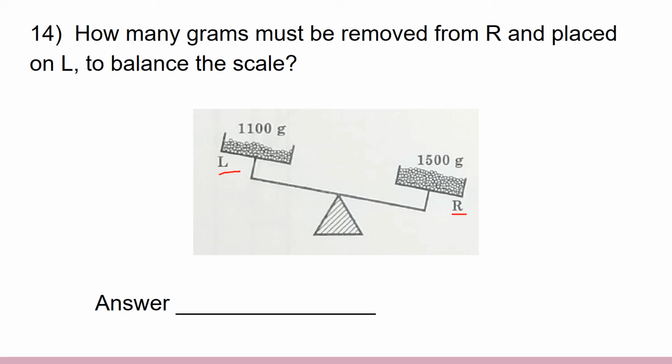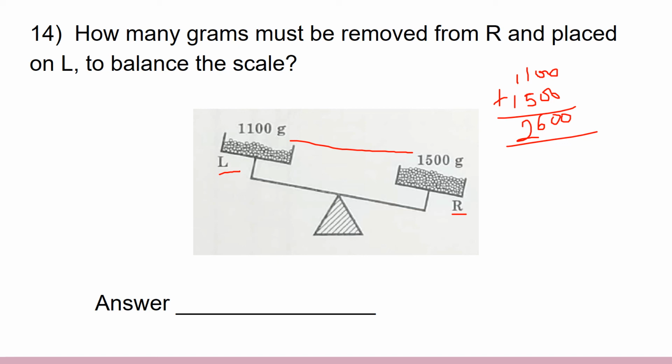And that was the last question, question number 45 in the 2019 past paper. A very similar question. To work a question like this, the first thing we have to do is add. What's the total number of grams we have here? We have 1100 plus 1500, and that's going to give me a total of 2600.